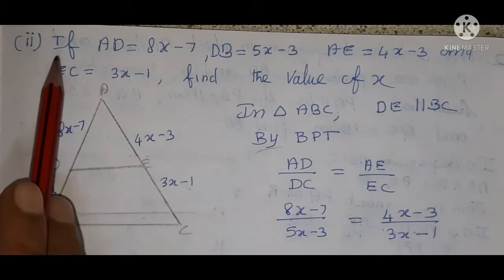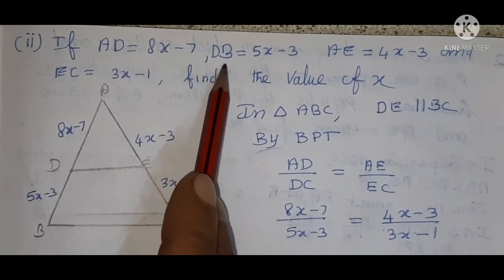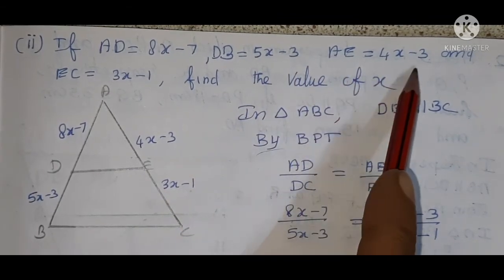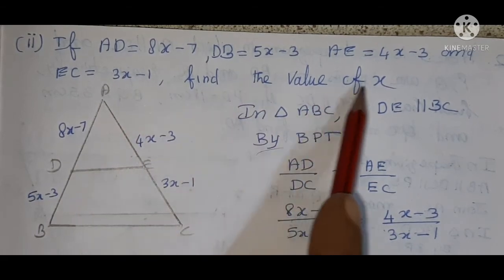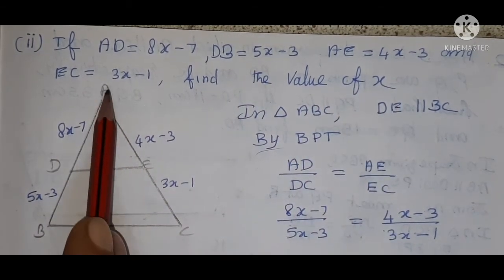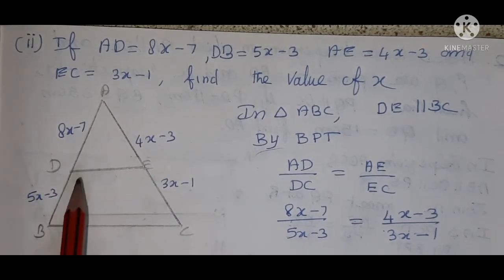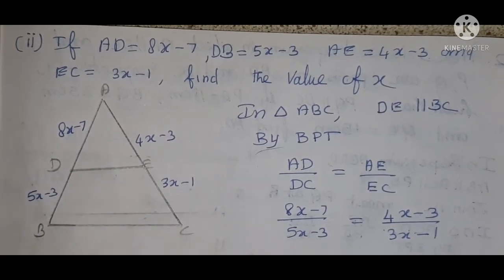Second sum. If AD is 8x minus 7, DB is 5x minus 3, AE is 4x minus 3 and EC is 3x minus 1, find the value of x. In triangle ABC, D and E are the points on AB and AC. DE is parallel to BC.